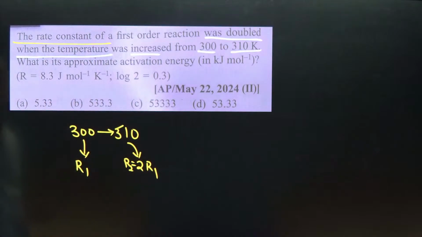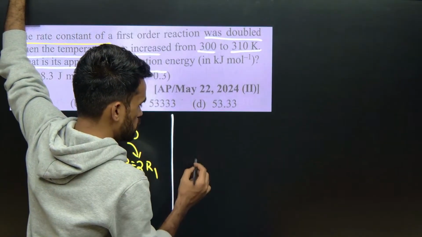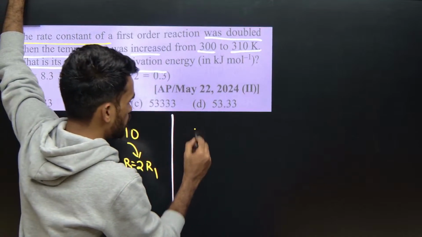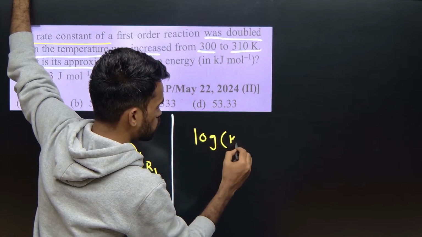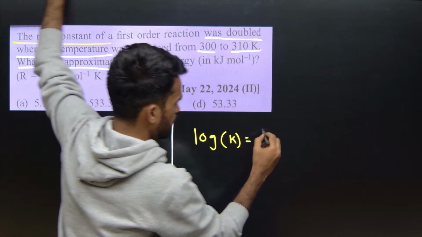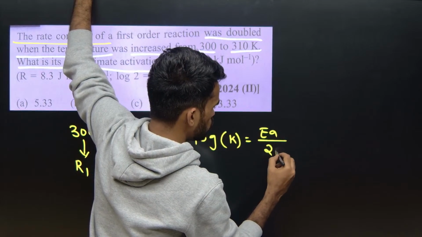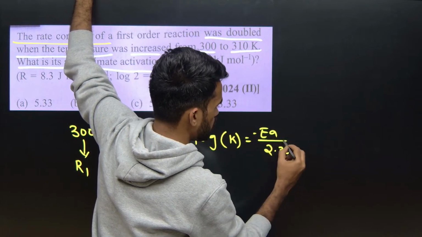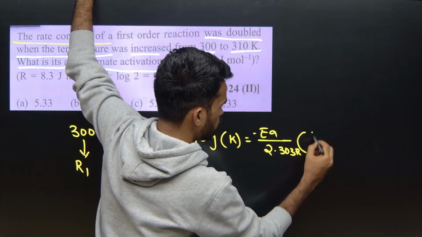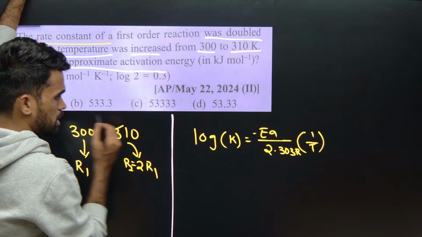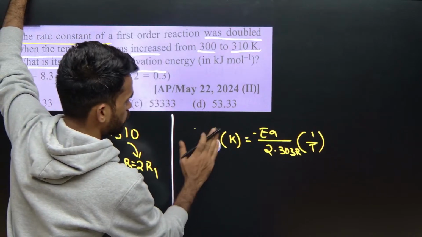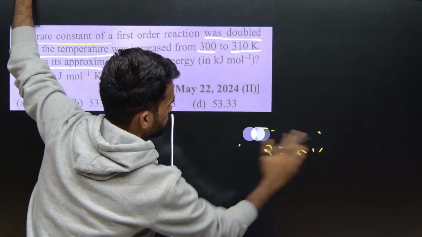Now, what is the approximate activation energy for this particular reaction? Simply, there is a relation. We have finally log K equals minus EA by 2.303 R into 1 by T, plus log A. From where did we get this equation?